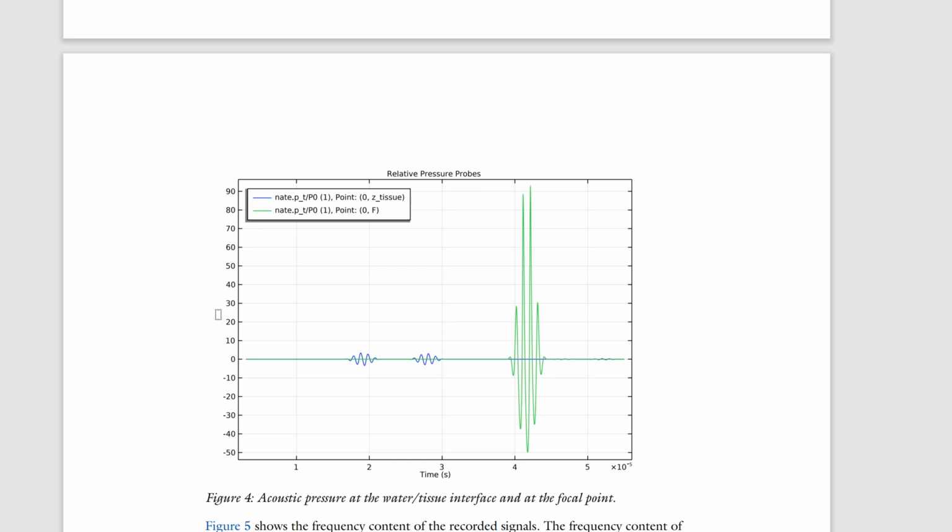What do we have on here? What are the units? So we have time. Relative pressure probes. Must be pressure. Don't know the units, but see here? Look at that pressure. Why is it blue? Tissue. Oh, they're just saying that. They're saying this is the tissue? Z of tissue.